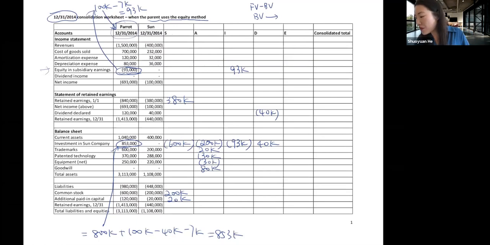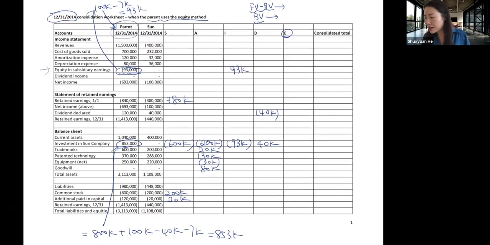So how about this difference between fair and book value? We also need to either amortize or depreciate it, and it is not done on the subsidiary's book. That's why we need to use consolidation entry E to amortize or depreciate this difference in value on the consolidation worksheet.